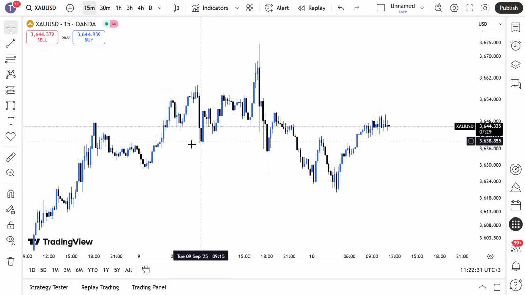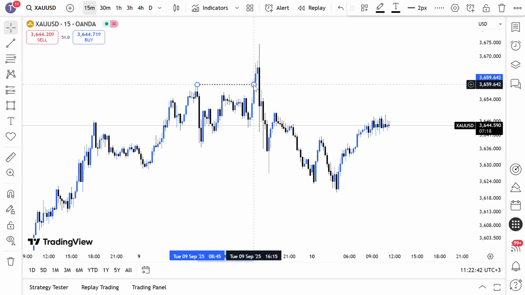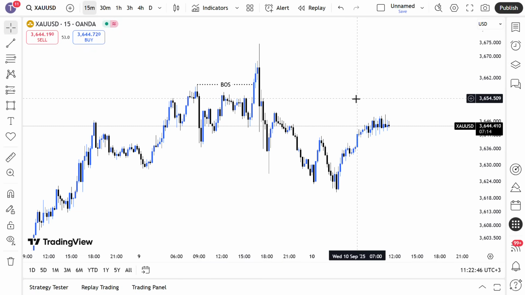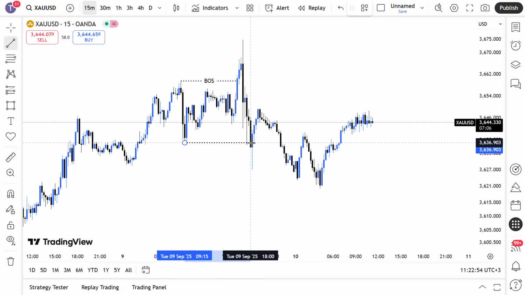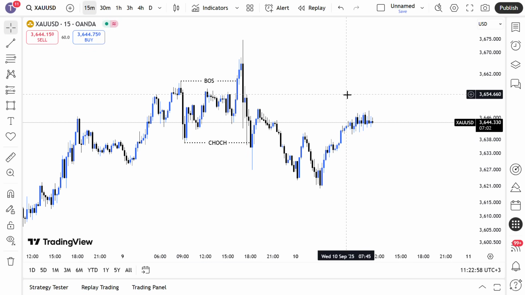So in this case, this low here swept this low's liquidity before going to break structure. So we have our valid break of structure to the upside. And it is very clear this is our valid break of structure. And after the valid break of structure, this low was our strong low. And when the low was taken out, this is the change of character. So this is our change of character to the downside.